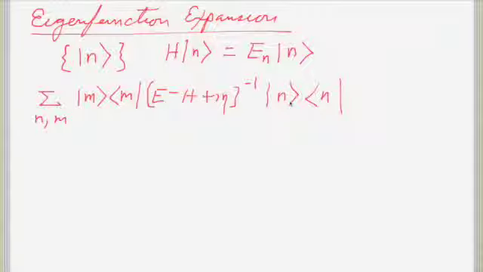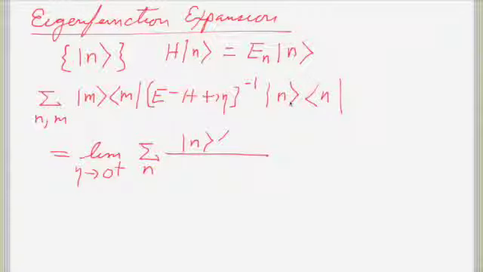So this is equal to, I'll keep my limit as eta goes to 0 plus, the sum over n, because the Hamiltonian is diagonal in the eigenfunction representation, of 1 over (E minus E sub n plus I eta).